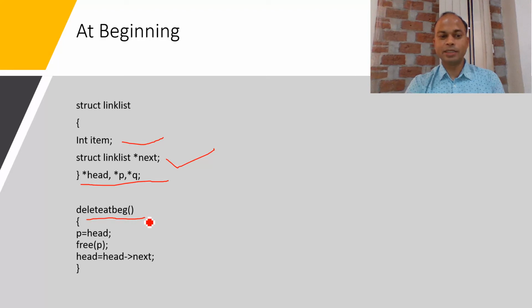We have the delete at beginning function, and here we are setting p equals head. p contains the address of the first node. Now we are doing the deletion. The first node is being deleted here. Now we are setting head equals head arrow next. This head becomes our second node. The second node becomes the first node using our delete at beginning procedure.